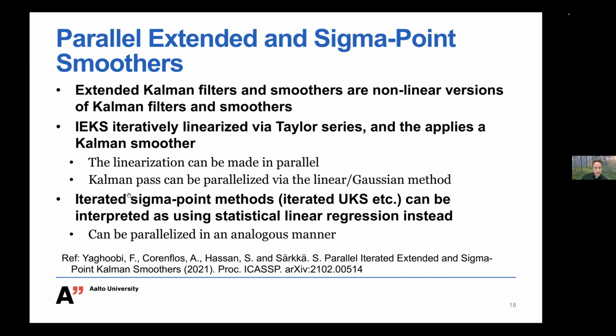And then other iterated sigma point methods, like unscented Kalman filter and smoother kind of methods, can also be implemented like this. So there's an ICASSP paper on that, which is also on arXiv.